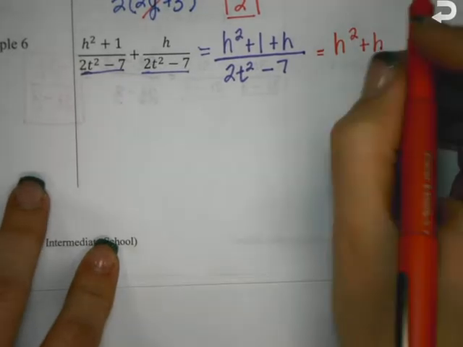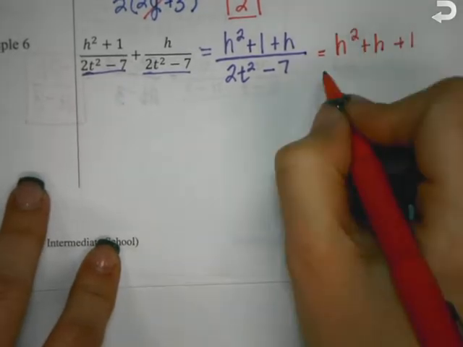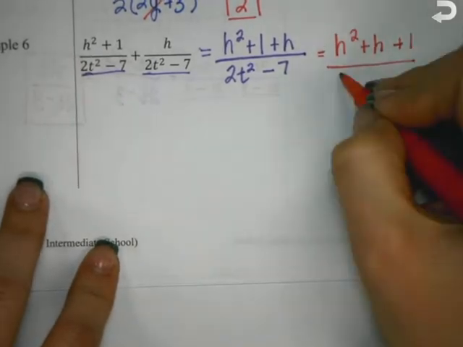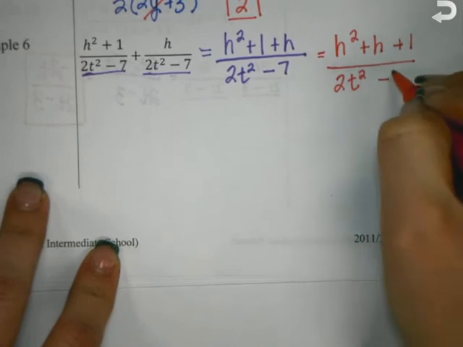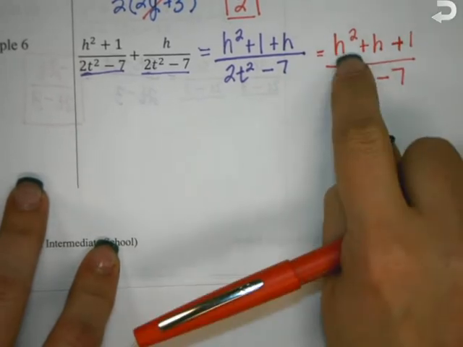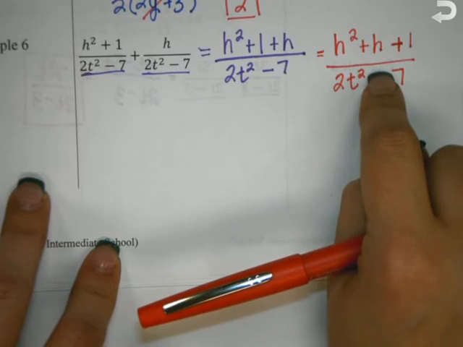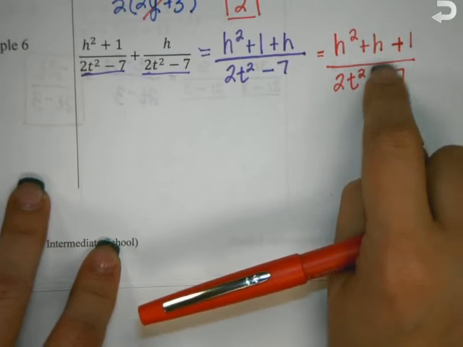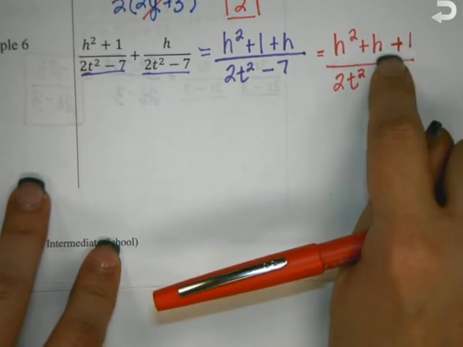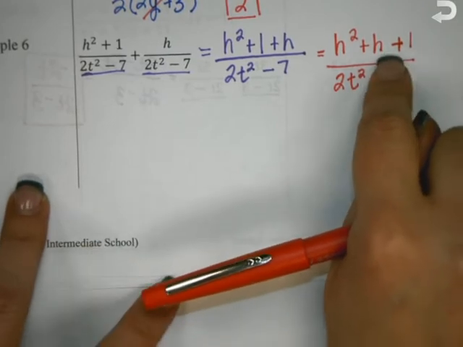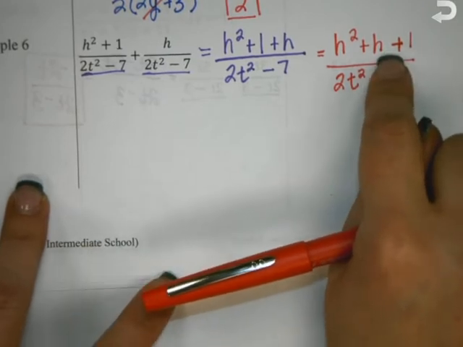Can I factor this? No. What two numbers multiply to 1 and add to 1? 1 and 1 adds to 2. So does this factor? No. Does this one factor? No. So this is my answer.